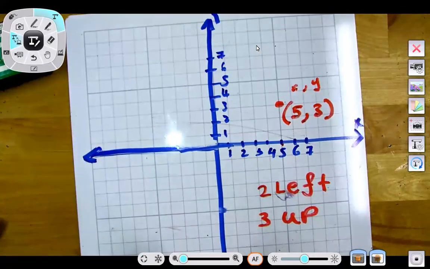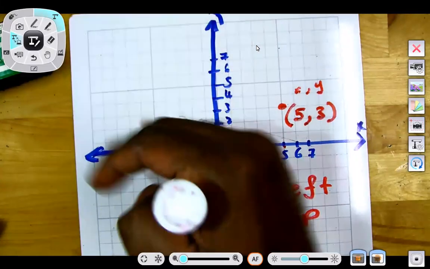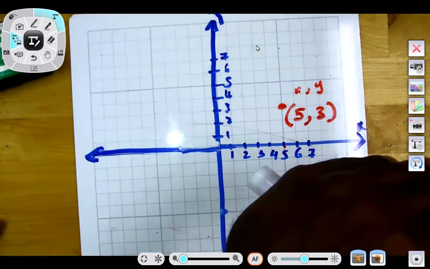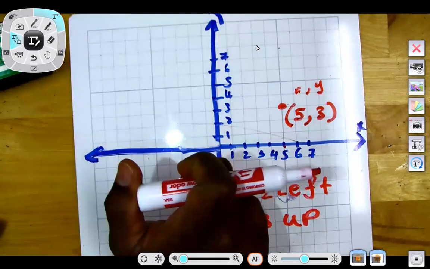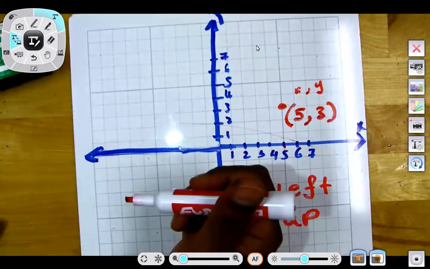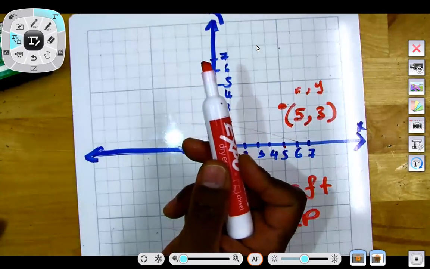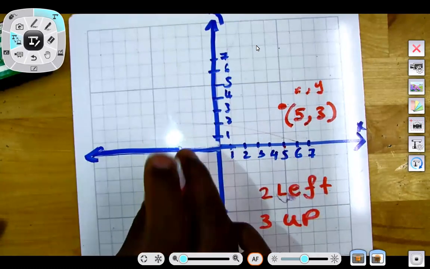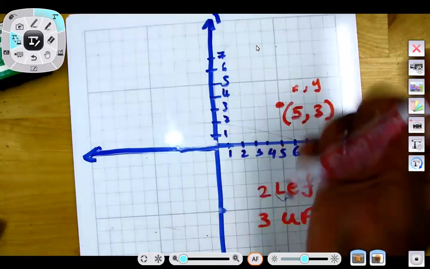When you go right, this way, you're going to add to the x value. When you go up, you're going to add to the y value. When you go down, this way, you're going to subtract from the y value.